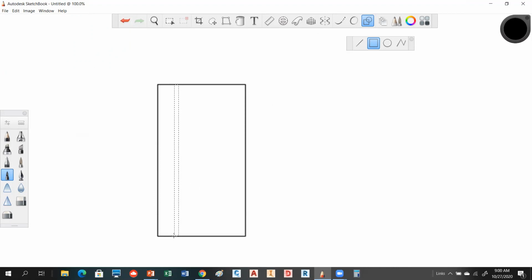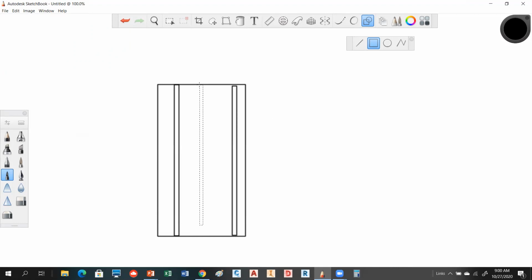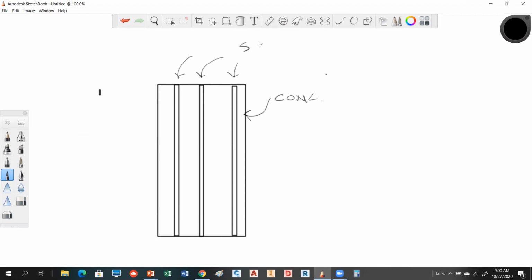So I've got a steel reinforcing rod there, and maybe a steel reinforcing rod here, and maybe a steel reinforcing rod here. Okay, so we have concrete on the outside. So that's concrete. And then you have steel here, here, and here.